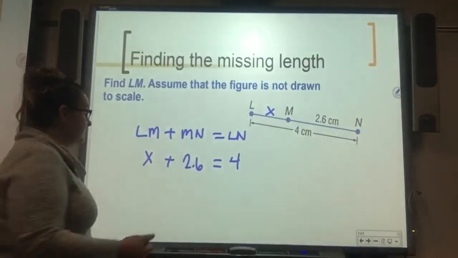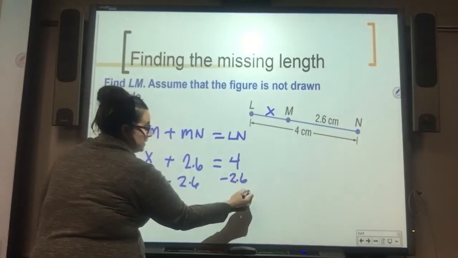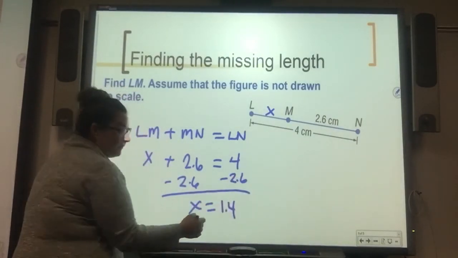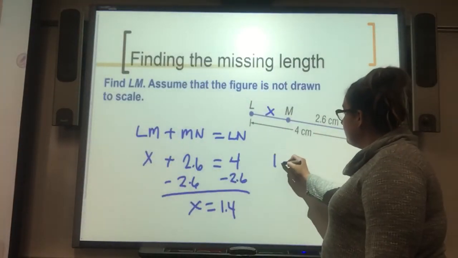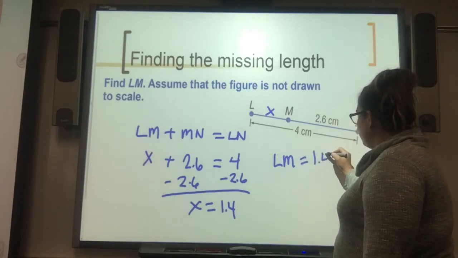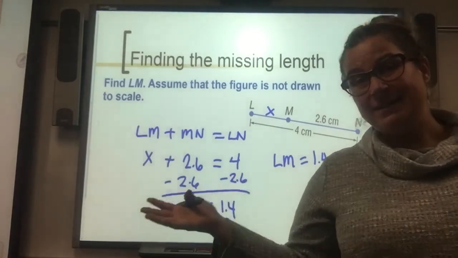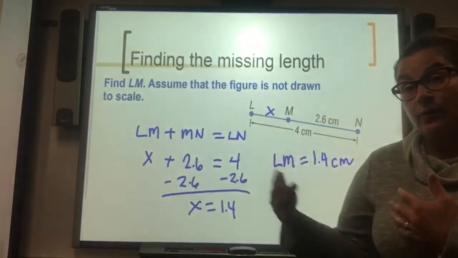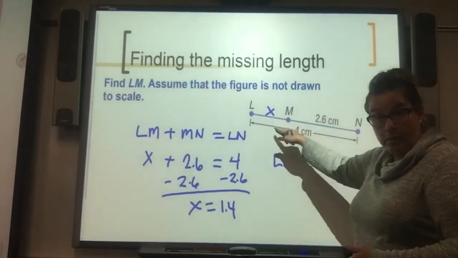And then to solve this equation, we subtract 2.6, and we get that X is equal to 1.4. So what we say is that the measurement of LM is 1.4 centimeters. This is the basis of what we're going to be talking about, understanding that relationship between the parts and the whole.